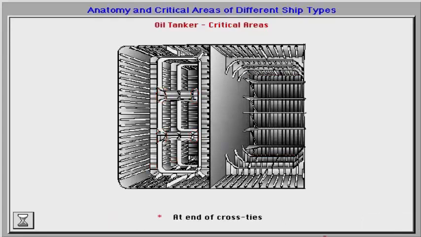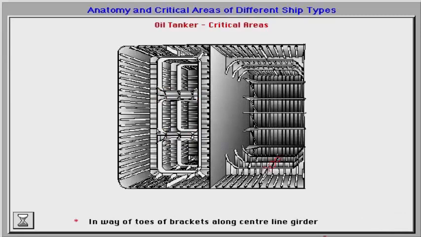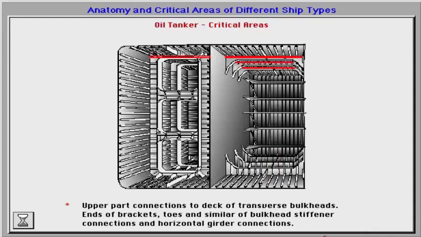In way of toes of brackets along centerline girder, upper part connections to deck of transverse bulkheads, ends of brackets, toes and similar of bulkhead stiffener connections, and horizontal girder connections.